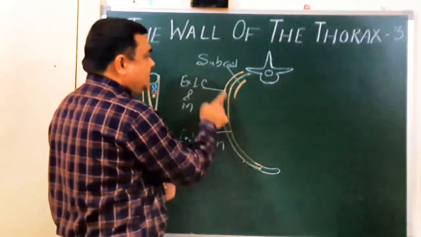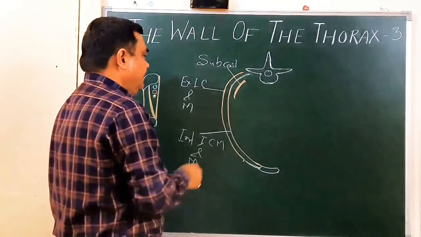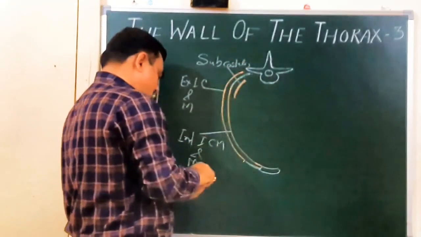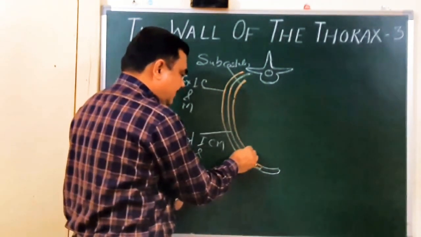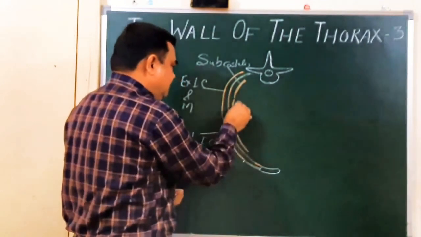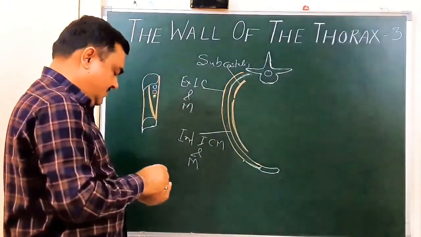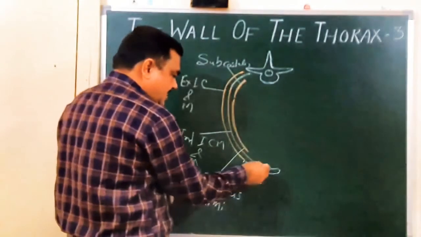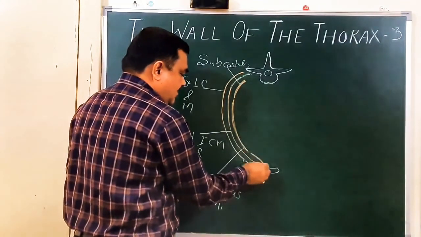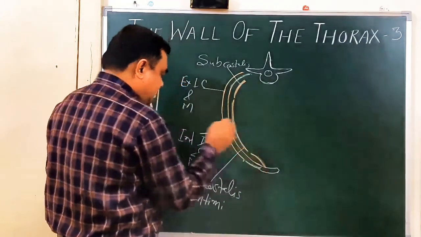And this is transverse thoracis. This is subcostalis. And from here to here, middle 2/4 part of the intercostal space, this is intercostalis intimi. And another muscle which is attached with the sternum, this is sternocostalis.